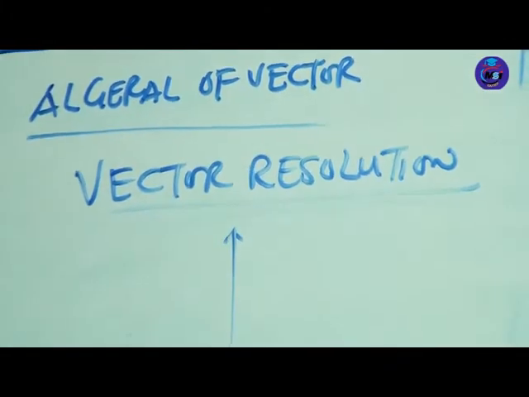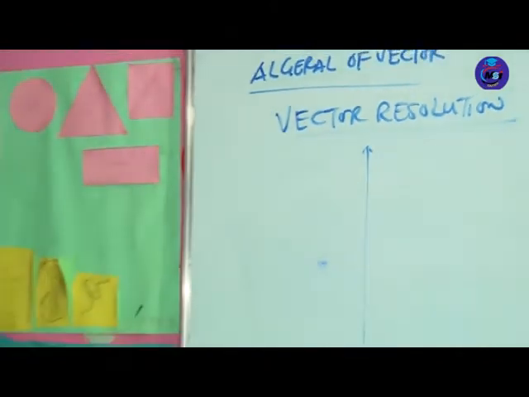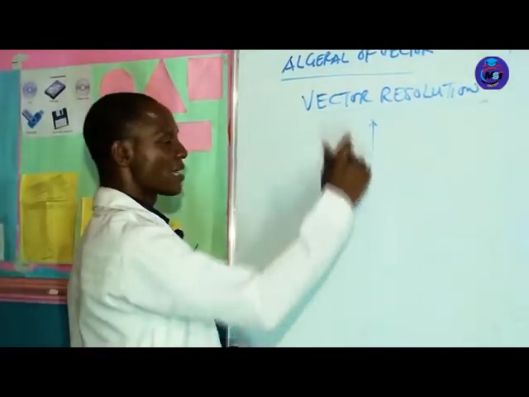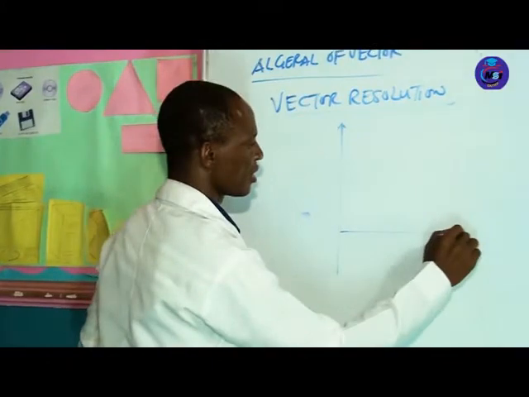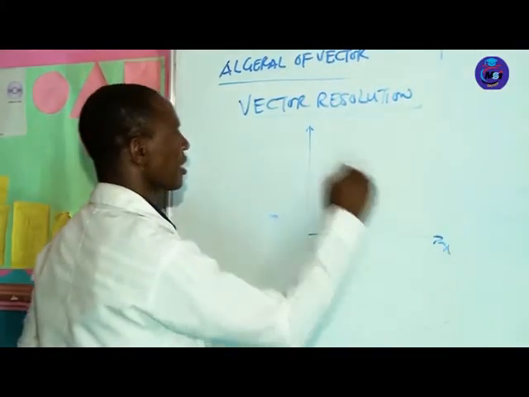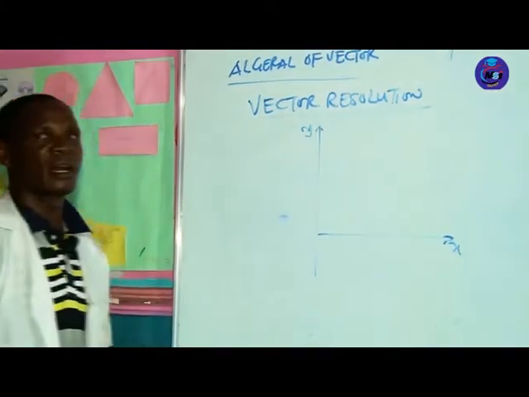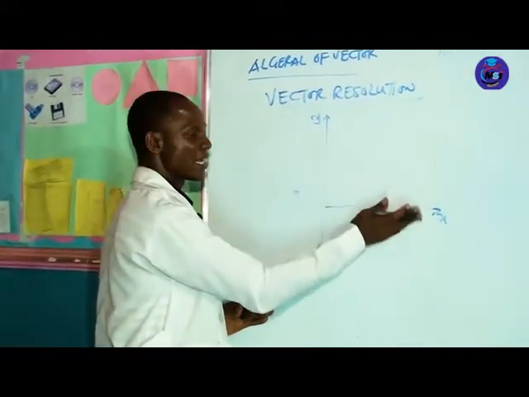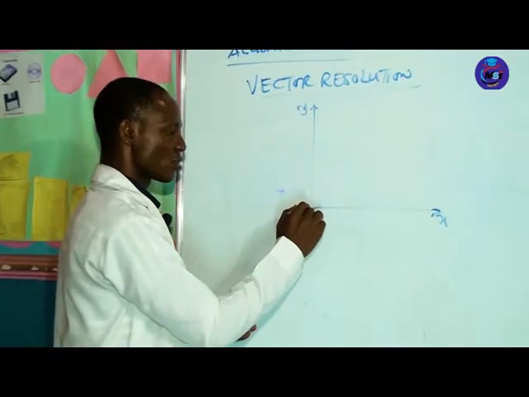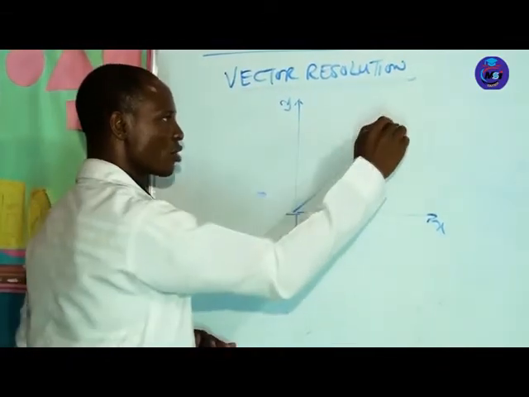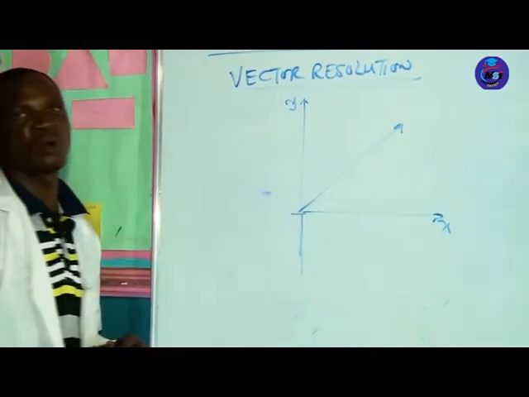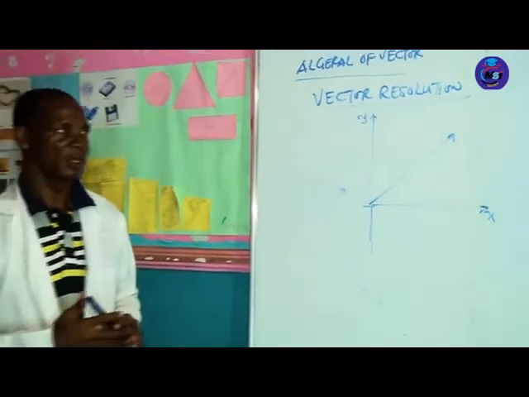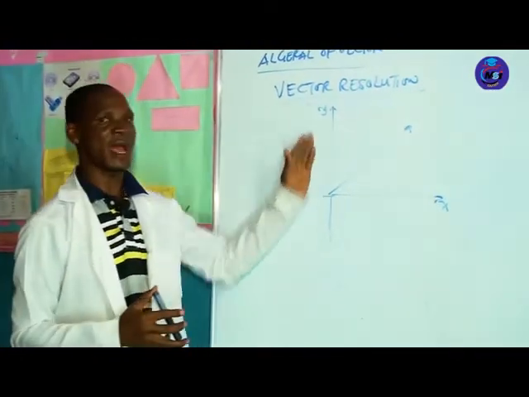So in vector resolution, we have the y-axis and the x-axis. This is x, this is y, and there is a vector in between the y-axis and the x component. So such a vector must be resolved. That is what we call vector resolution.